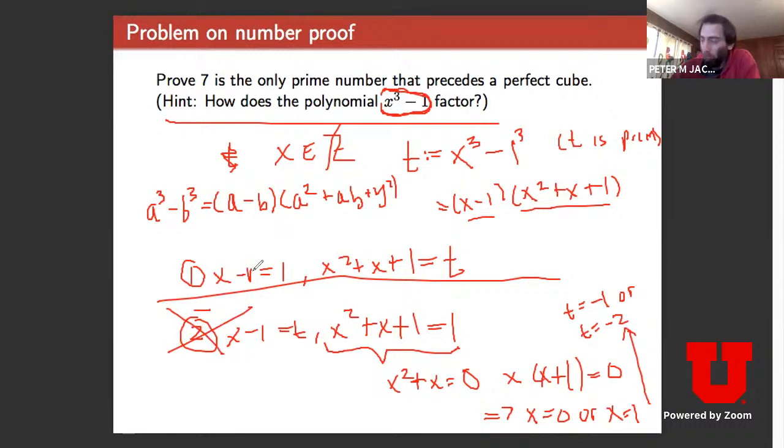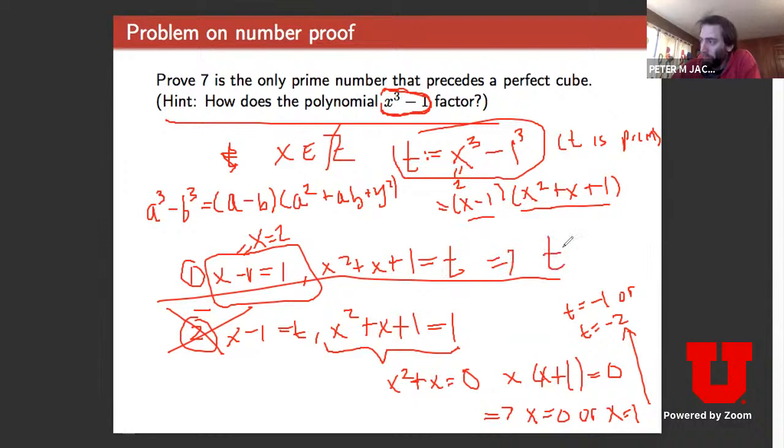And in case 1, from this equation, this means x is equal to 2. All right, that means x equals 2. So now we go back up to t, we plug in 2, and we get 7. So we've just shown that t must be equal to 7.